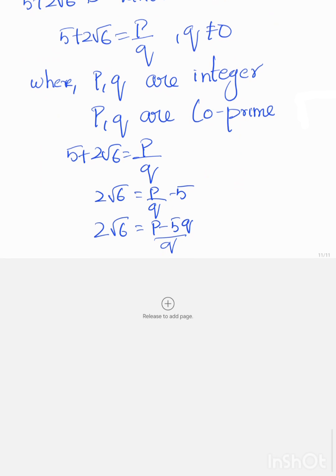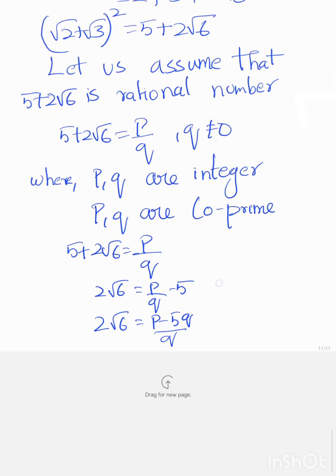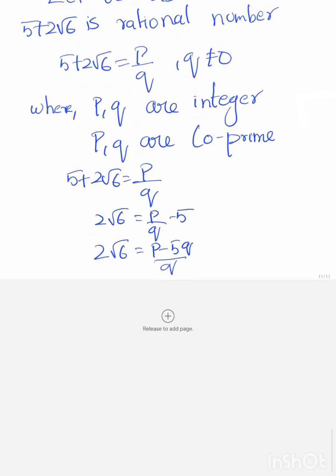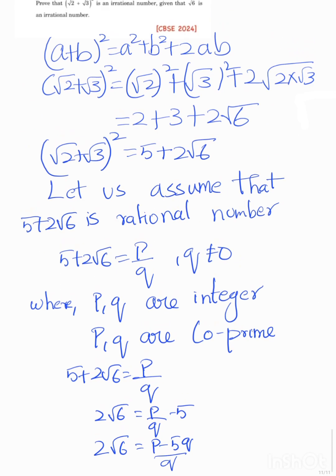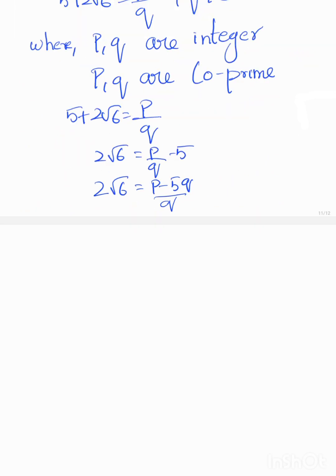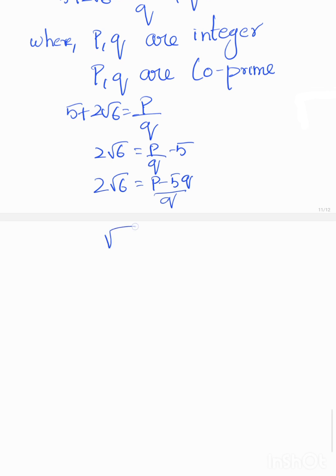Now we can take the 2 also to the next side, so root 6 is equal to (p minus 5q) by 2q. So this is our equation.